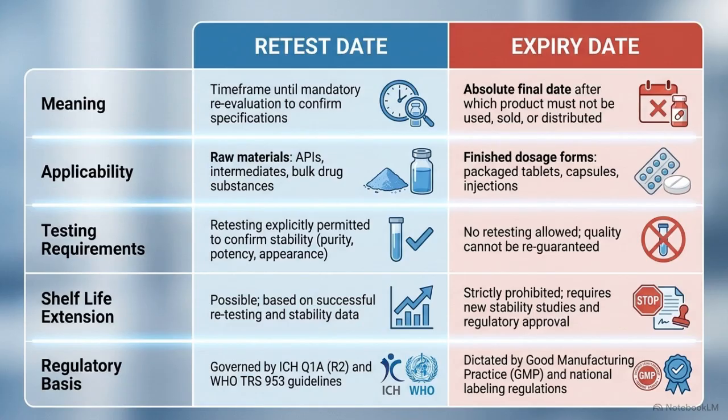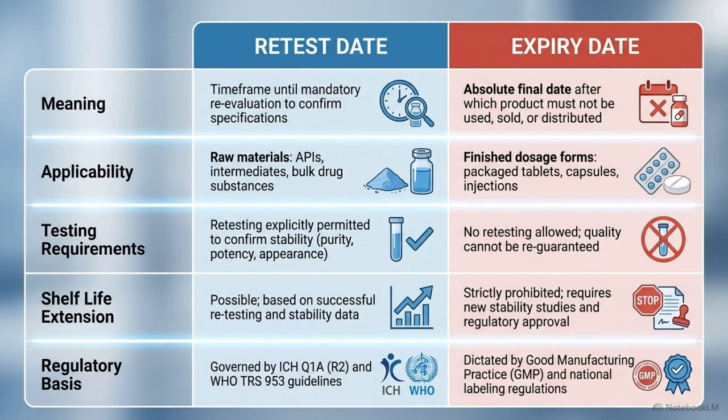This builds a definitive reference guide for auditing and material handling. Starting with meaning, a retest date is the time until mandatory reevaluation, whereas an expiry date is the time until mandatory non-use. For applicability, retest applies to raw APIs and intermediates. Expiry applies exclusively to packaged finished dosage forms.